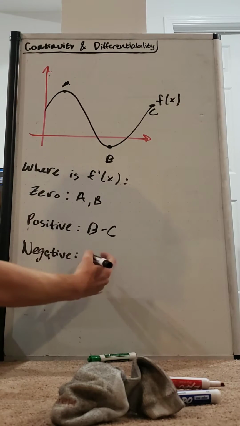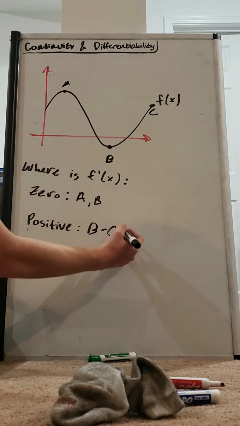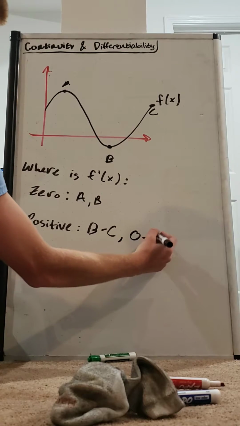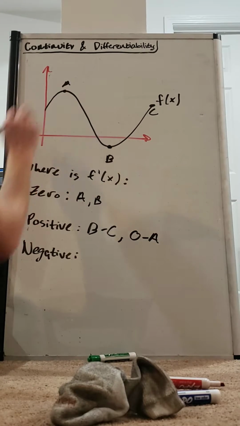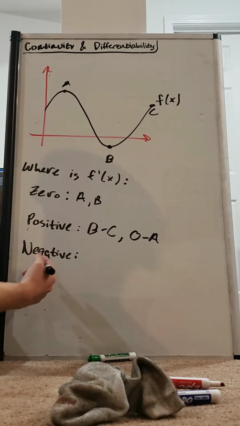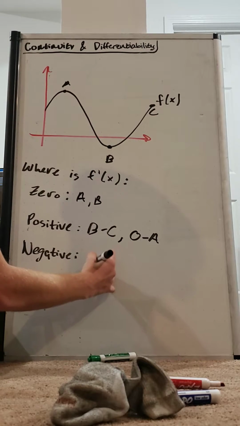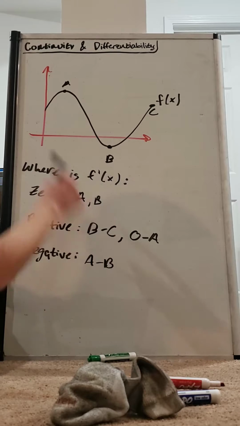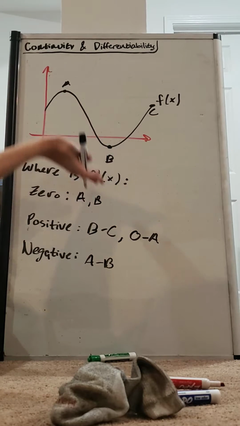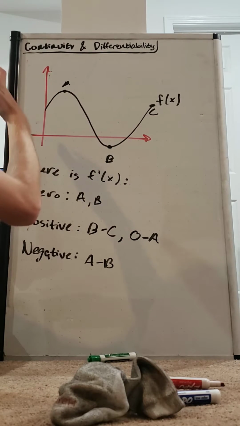And negative, you should say, also from 0 to A, because you're going up here as well. And it's negative anywhere from A to B, because that's where this function is going downwards and the tangent line has a negative slope.